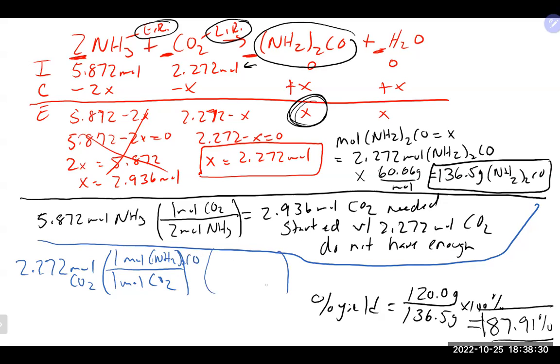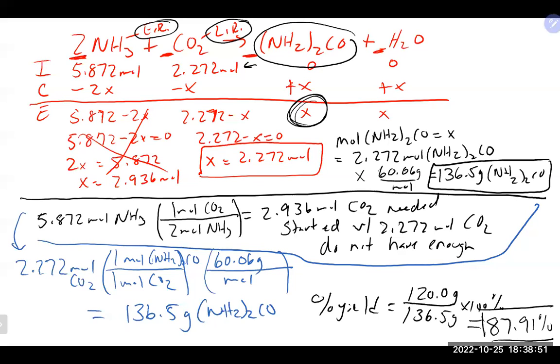We then would use the molar mass of our product, which was this 60.06 grams per mole. And we would end up with the same 136.5 grams. So that would be sort of how you would finish it up going the other way there.